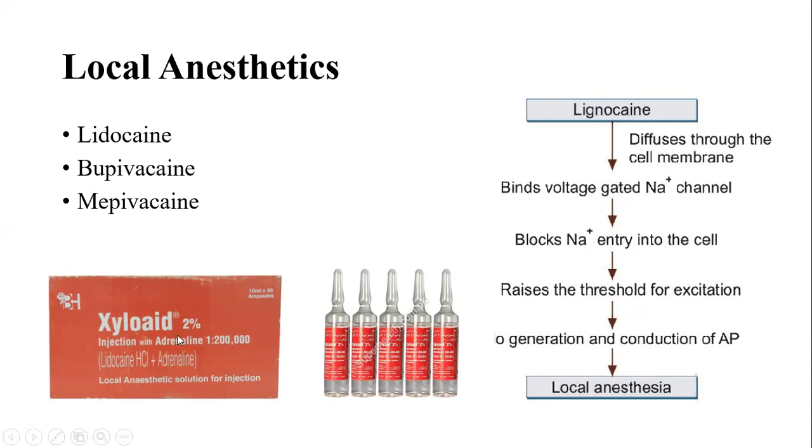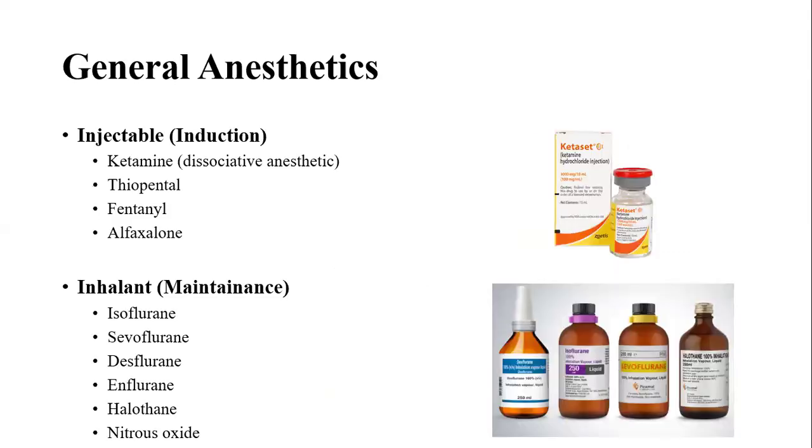This is the anesthetic agent that is commonly available in the market with the name of Xyloaid. It contains lidocaine HCl plus adrenaline. Adrenaline is basically a vasoconstrictor that is used to reduce the blood supply at the level of, you can say, local anesthesia.